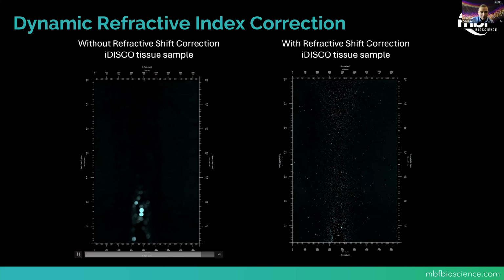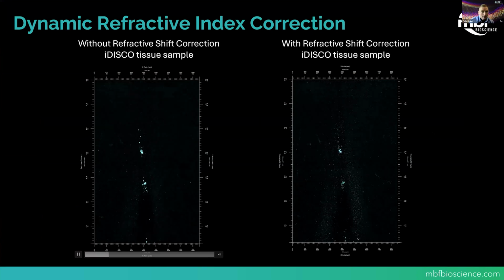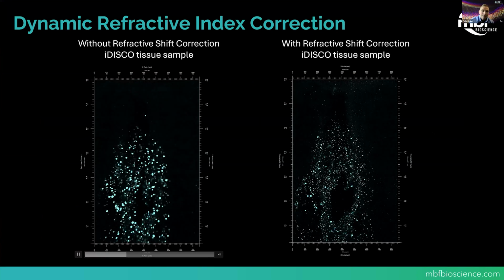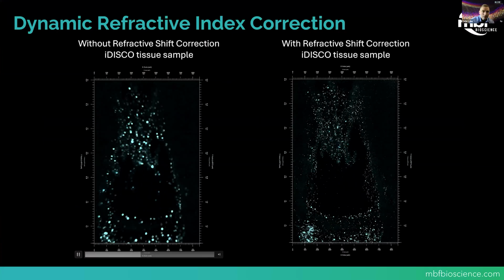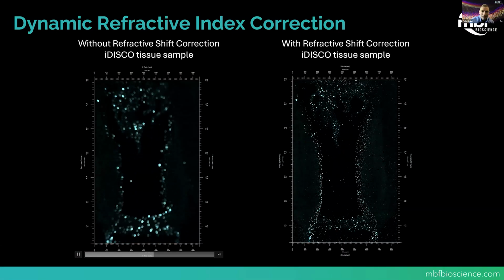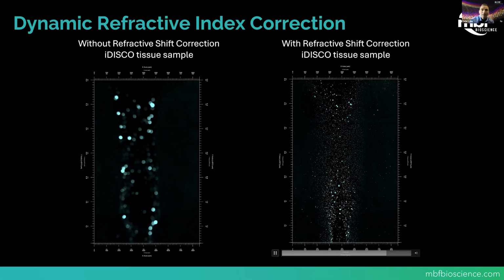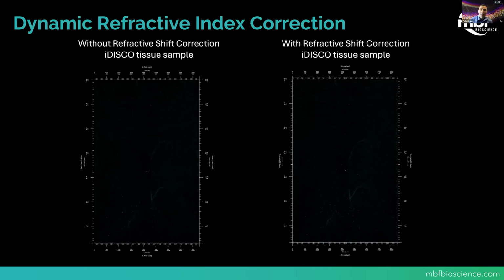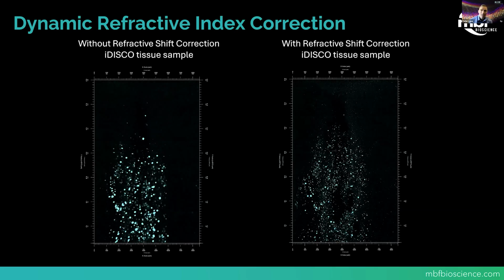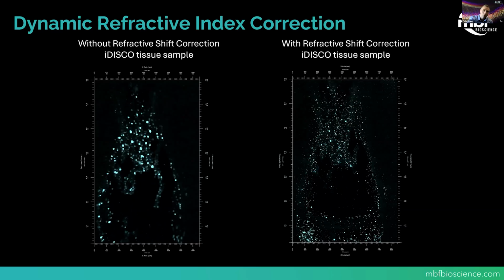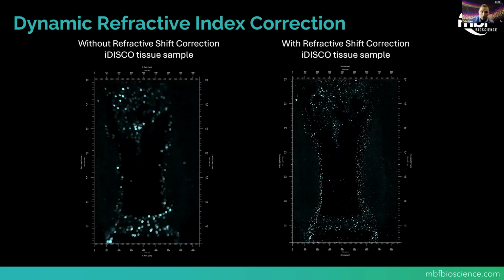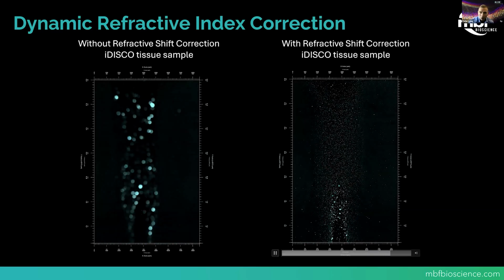As you can see, as we go deeper and deeper, the cell bodies become less focused. Whereas on the right-hand side, with our dynamic refractive shift correction enabled, as we go through multiple millimeters of the sample, the cell bodies stay nicely focused throughout.